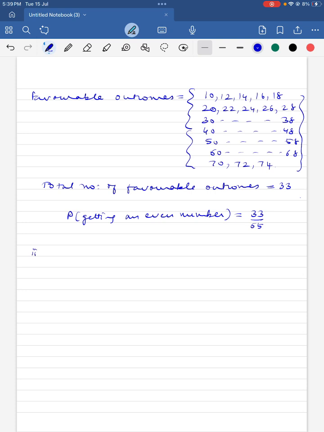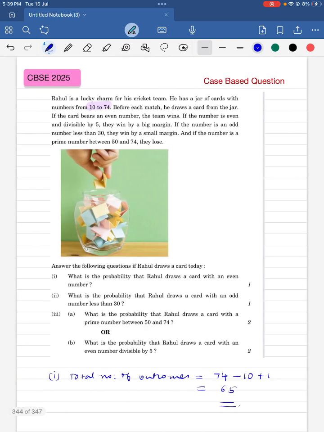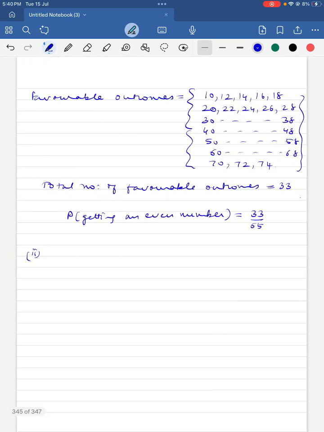In the second part, they're asking for the probability that Rahul draws a card with an odd number less than 30. Let's write out the favorable outcomes. It has to be an odd number less than 30, so we start with 11, 13, 15, 17, 19, 21, 23, 25, 27, 29. These are the only options.